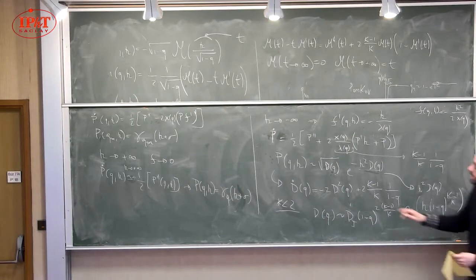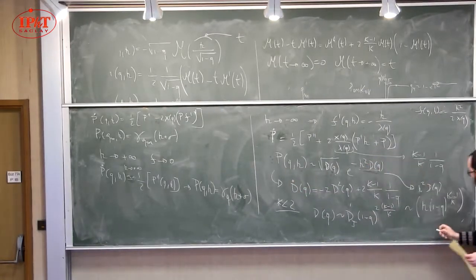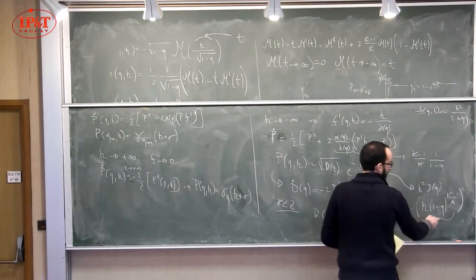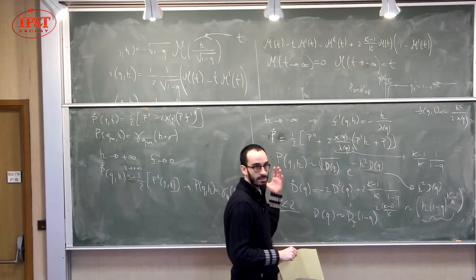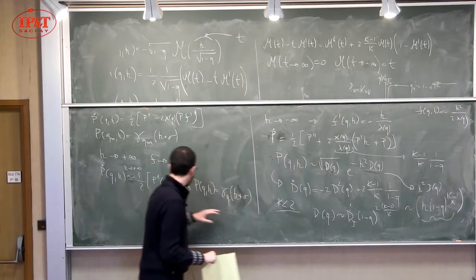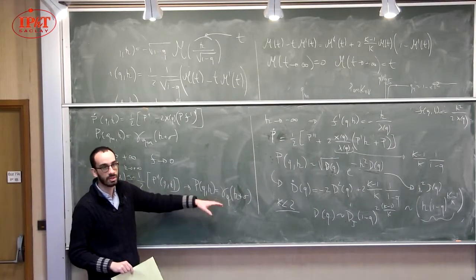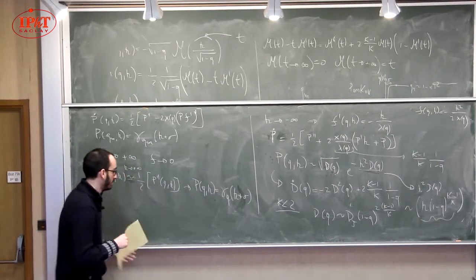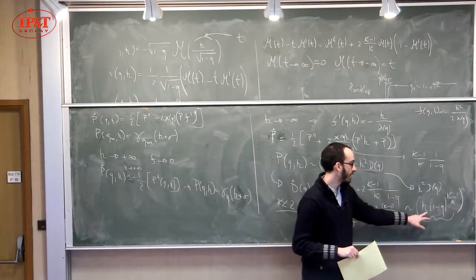So you see that the p of q and h for h going to minus infinity becomes a function of this scaling variable. And this is exactly the scaling variable that I showed you at the beginning for the scaling assumption for p. For h that goes to infinity, this is a smooth function of q when q goes to 1. Instead, when h goes to minus infinity, this is a function of this scaling variable.